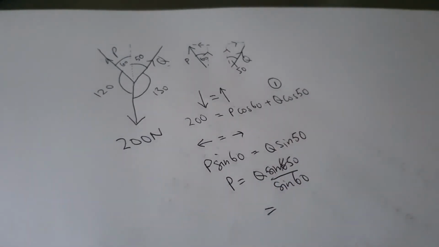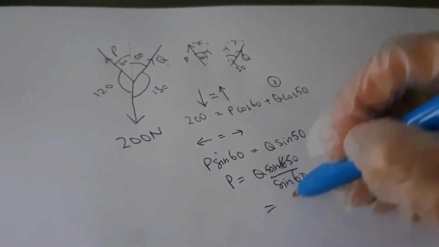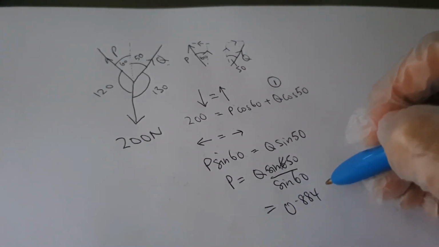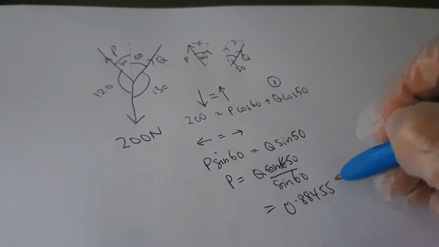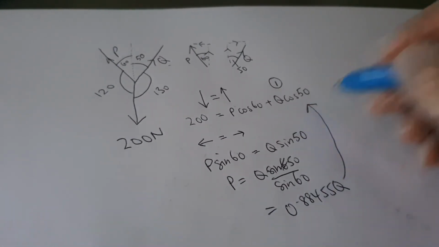I'm going to put that on the calculator. So sine 50 divided by sine 60, that gives you 0.884. So P is equal to 0.88455Q.